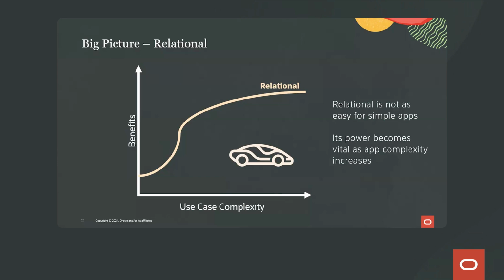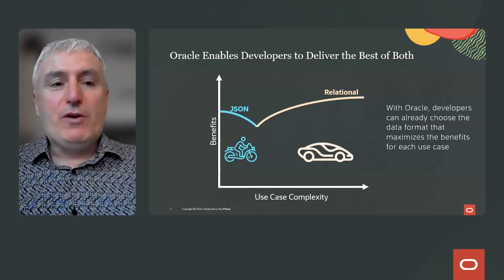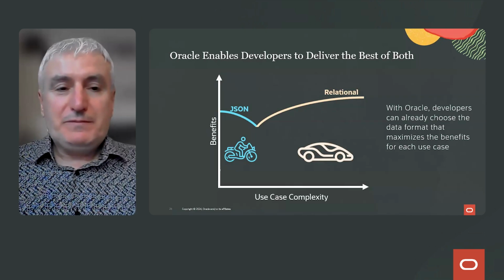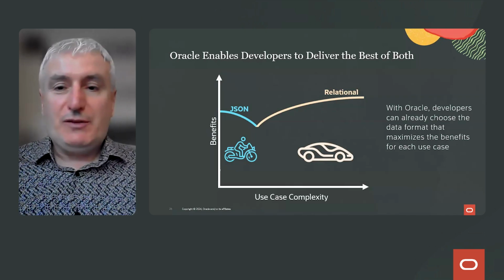Let's have a look at the big picture of the relational model. In the beginning, the benefits are low because relational is not as easy as documents for writing simple apps. We see the power of relational when applications become more complex, when their complexity increases. And eventually that happens with almost every application. With the Oracle database, we deliver the best of both JSON and relational.